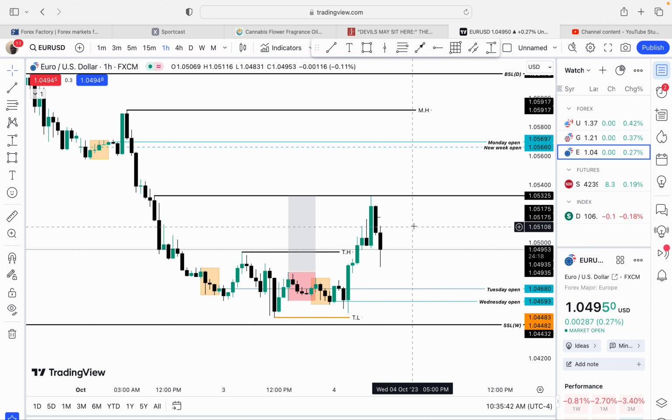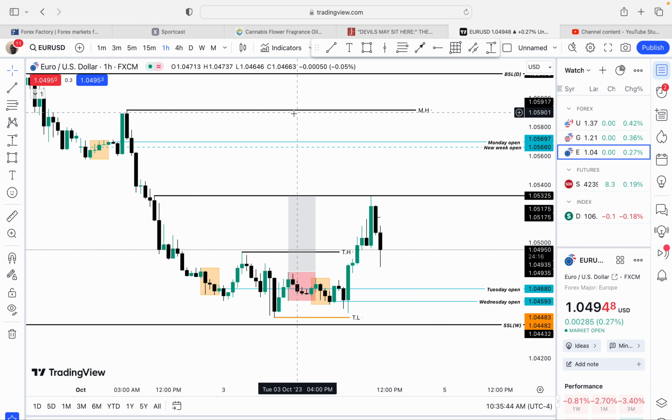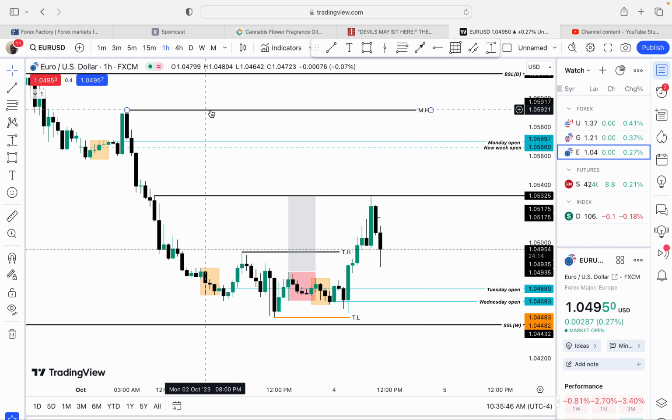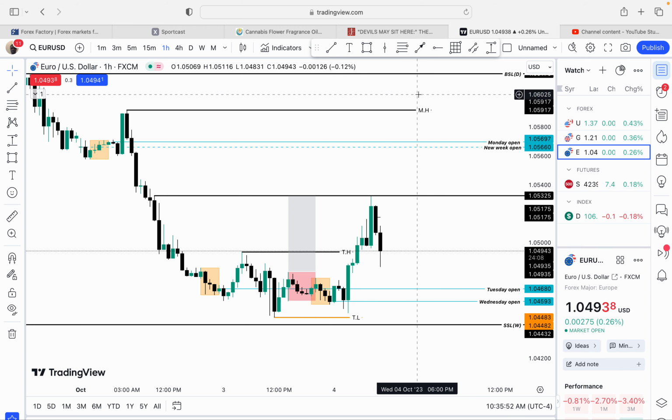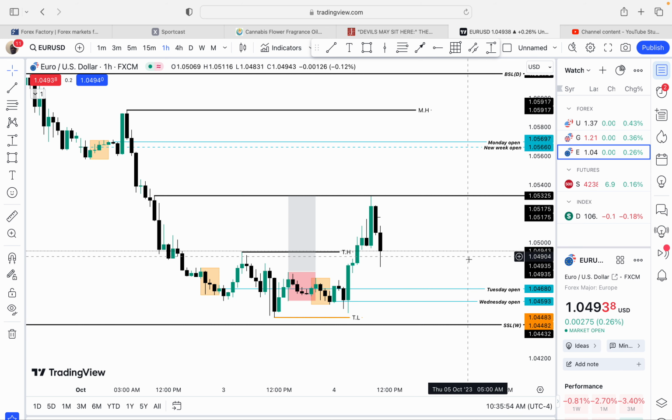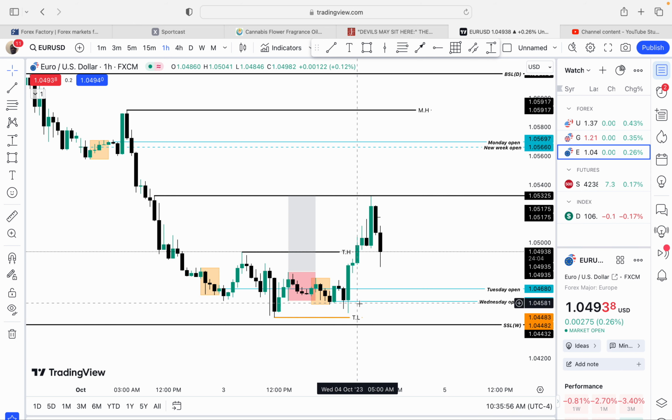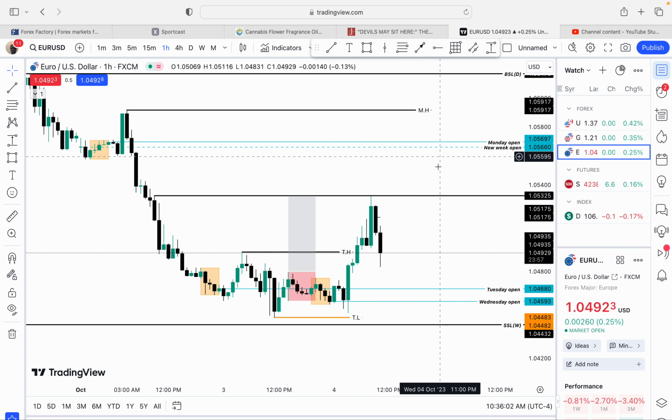But I would only do something like that after, let me say, there's the weekly high at the moment, Monday. If Thursday and Friday want to trade up into here, then I would wait for that to happen and then sell and hold it. So that is the real reason why I have these labels, like the Wednesday open, Thursday open, the new week open, Monday open.